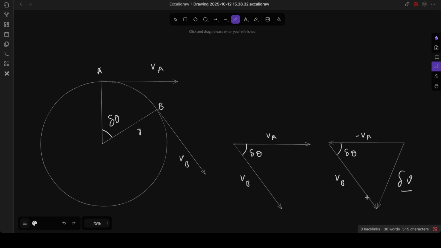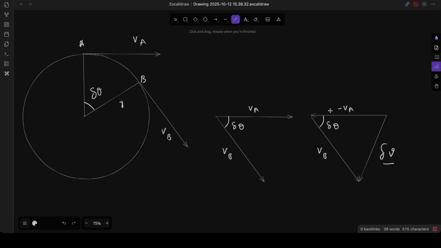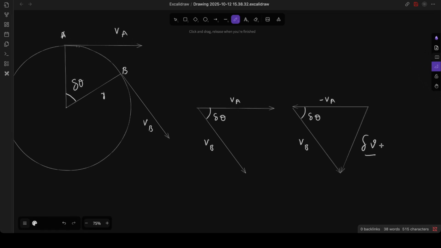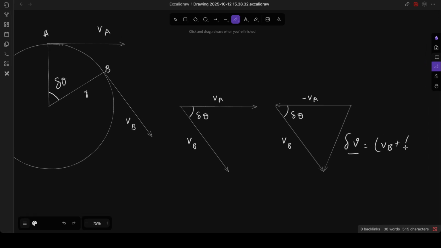It is the sum of these two vectors, VB plus minus VA, which is nothing but the change in velocity. If I know the change in velocity, I can easily figure out the acceleration in a given time.